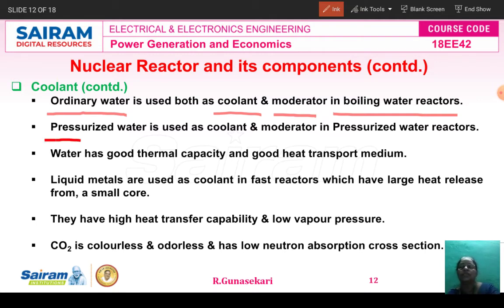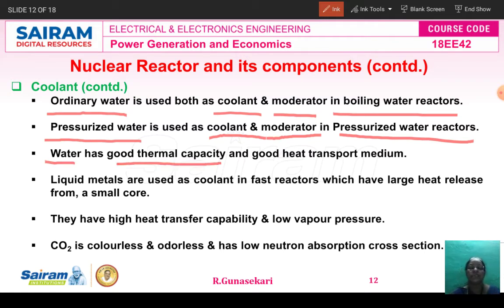Water is used as a coolant as well as the moderator in the pressurized water reactor, which is also an example of a power reactor in use. Water has good thermal capacity and is a good heat transport medium. That's why it is used as a coolant as well as moderator in the nuclear reactor.